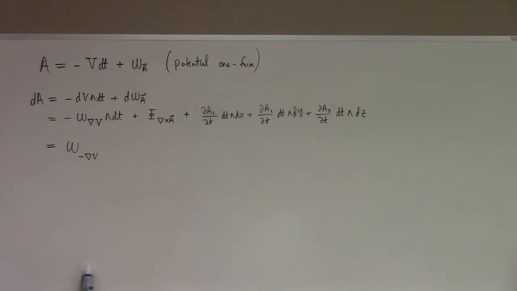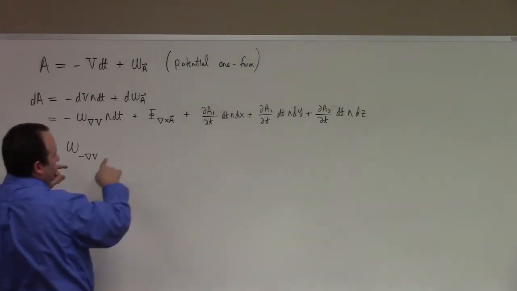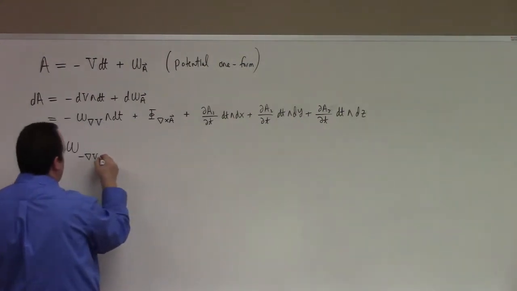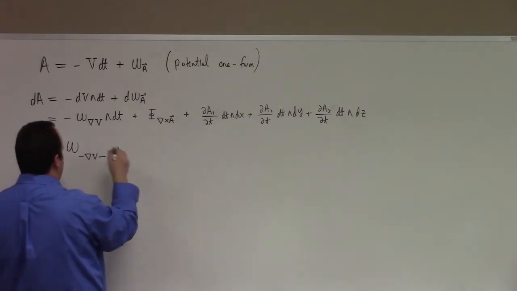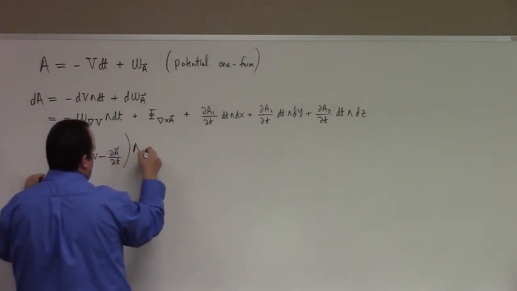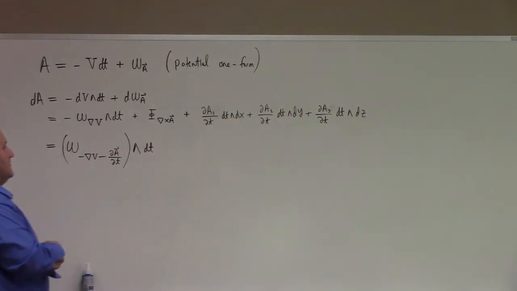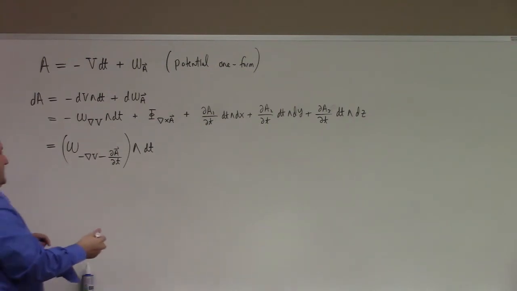I think I'm off by a sign. You see what that is if I flip it? This is minus partial A, partial t. It's the work form of that wedged with dt. Of course, plus the flux form.